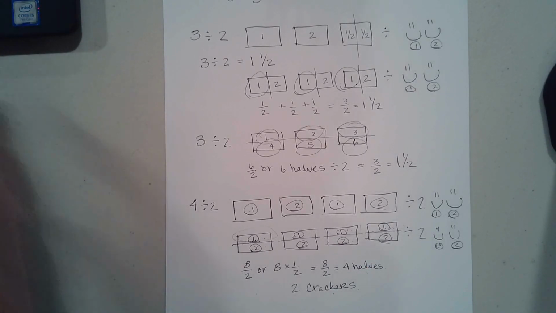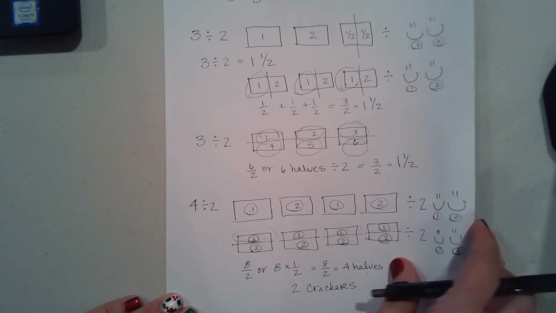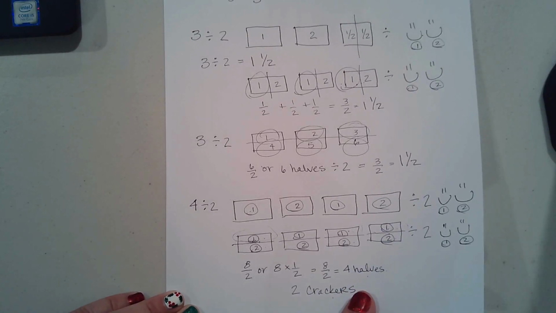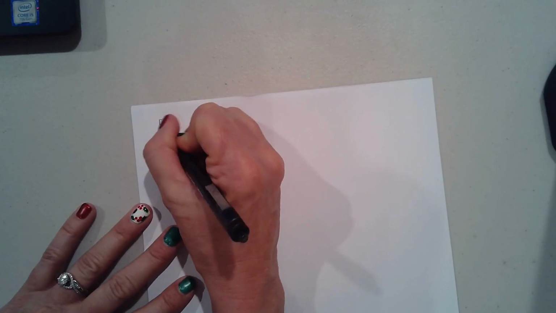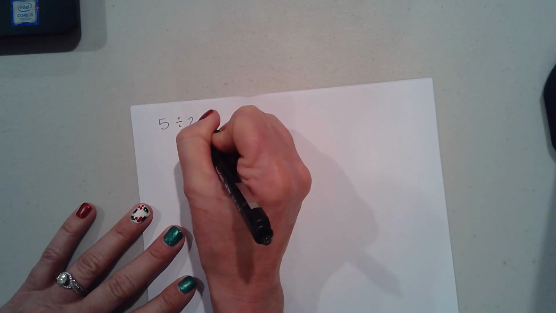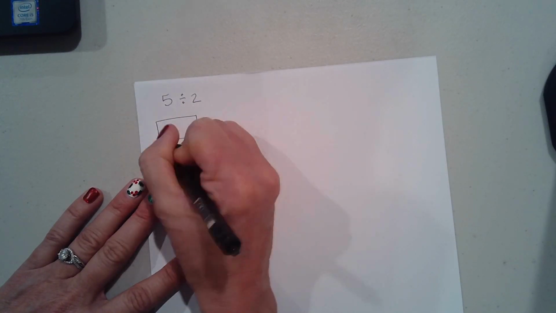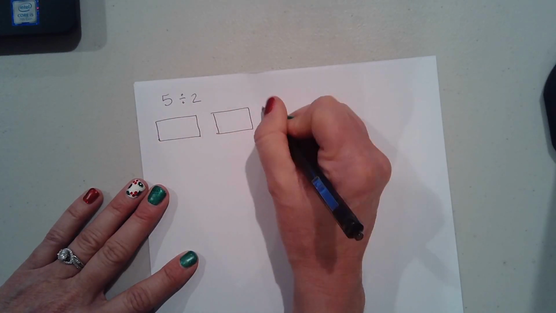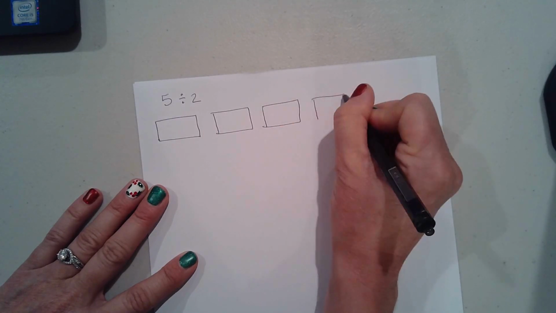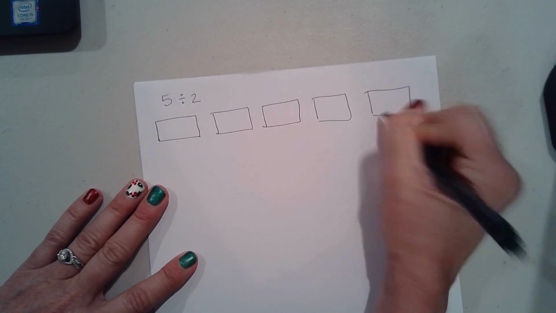All right. How about if we try 5 divide 2? So what if we go 5 divide 2 using, so now let's use 5 crackers. 1, 2, 3, 4, 5.